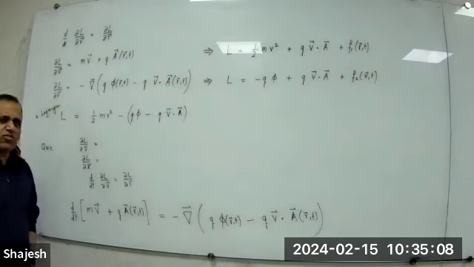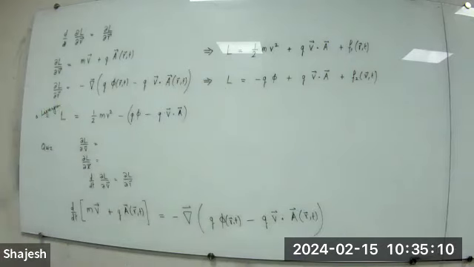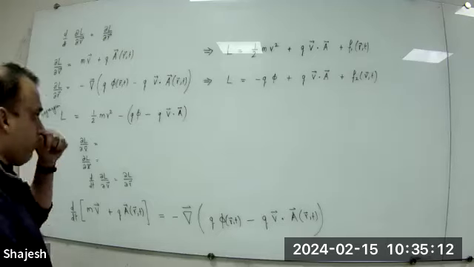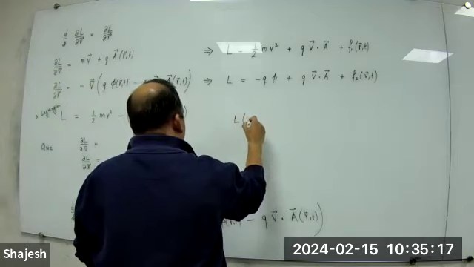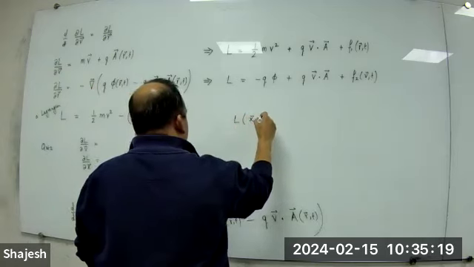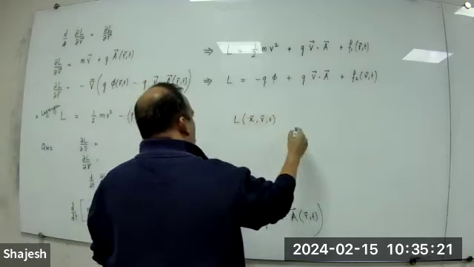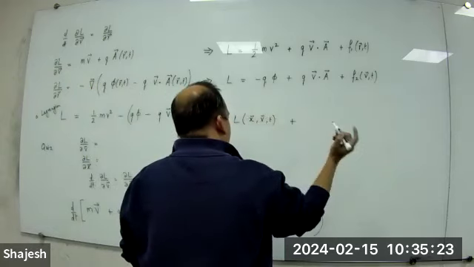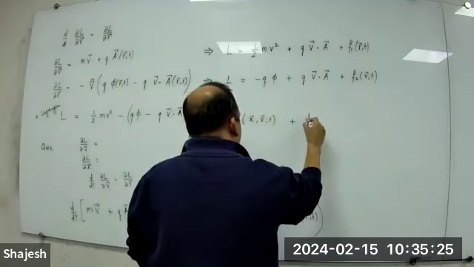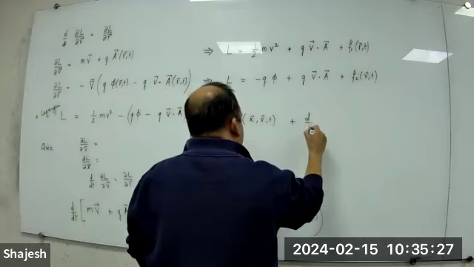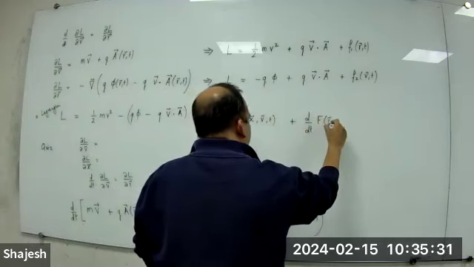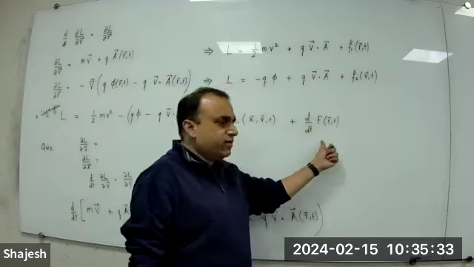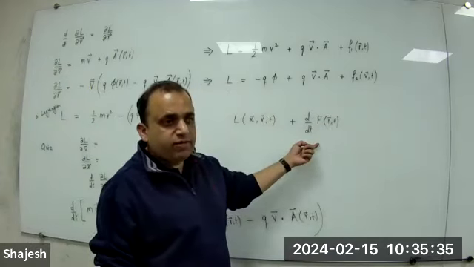And that leads to the question: what's the freedom you can have for the Lagrangian? So L, which is a function of x, v, and t, I can always add, this is a homework problem you have in this homework, any function which has no velocity in it, but it is a total time derivative.